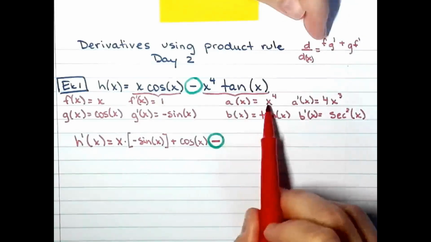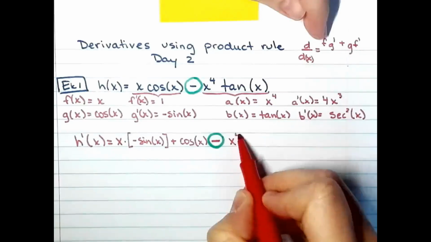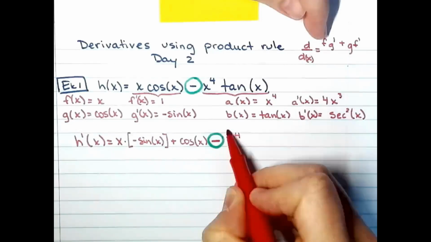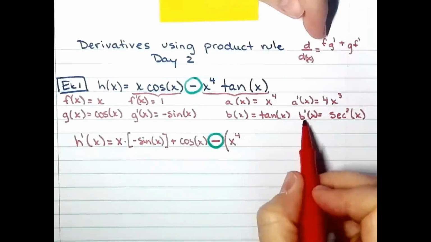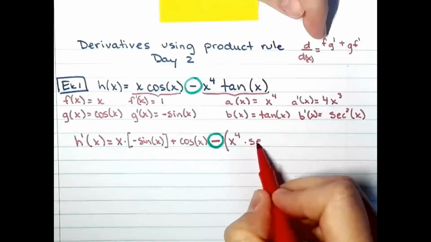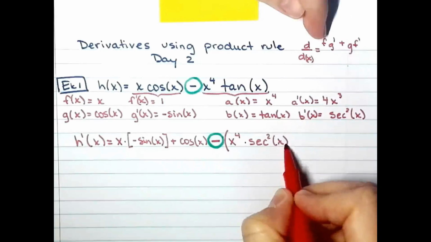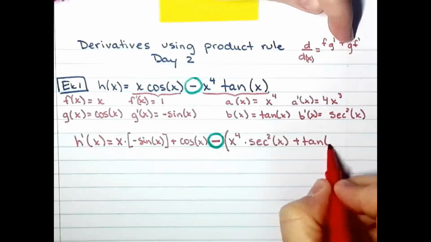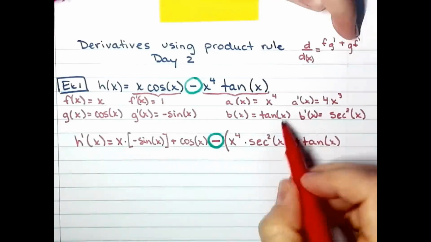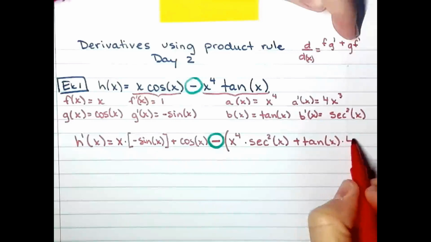Okay, so f is x to the 4th power. I'm going to put parentheses right there just so we don't forget. G prime is going to be b prime, so secant squared, plus g is b, so tangent x. F prime is 4x cubed.